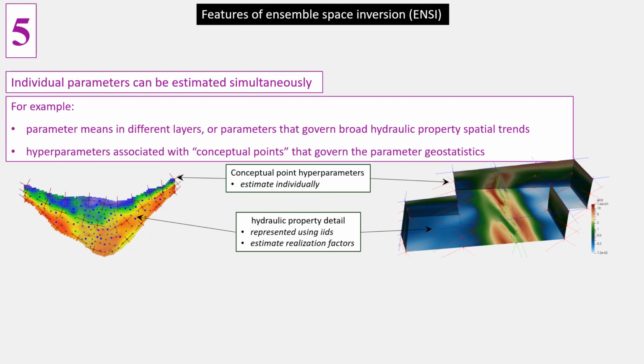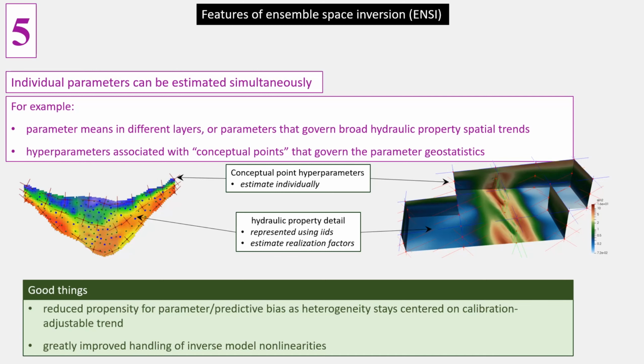By estimating hyperparameters separately from realisations of hydraulic property detail parameters, the whole inversion process becomes much more linear and generally can converge to a good solution in a reasonable number of model runs.